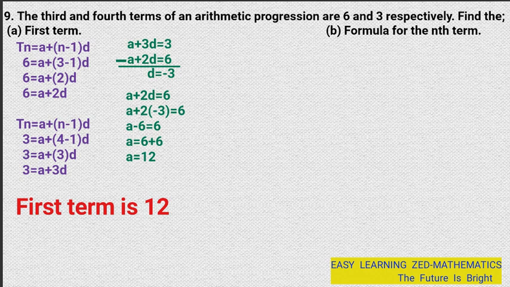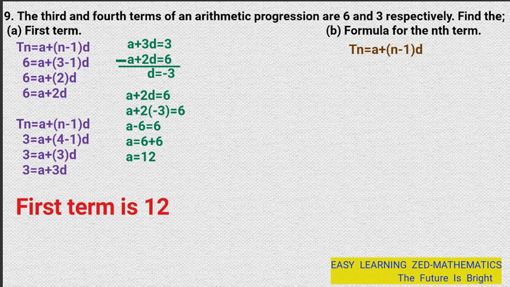Okay, let's come to B. So B, the question is: find the formula for the nth term. Okay, so again we're going to get the formula which we use to find the nth term, which is Tn is equal to a plus n minus 1 multiplied by d.